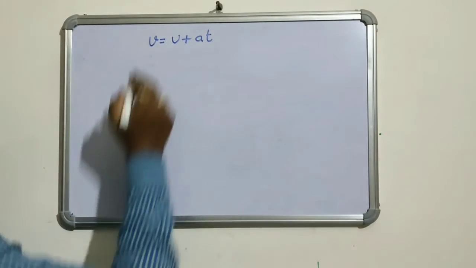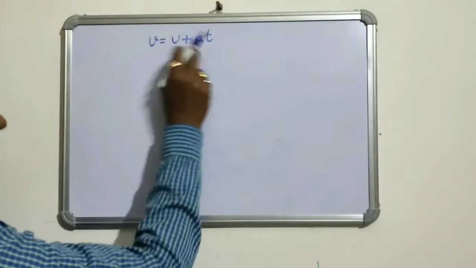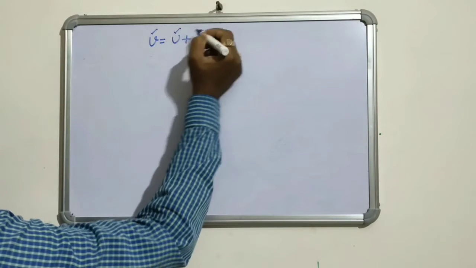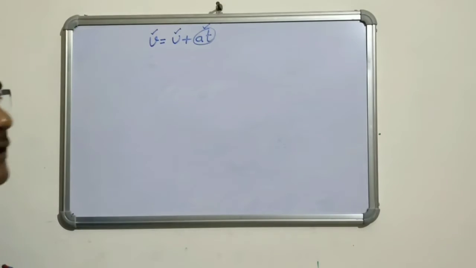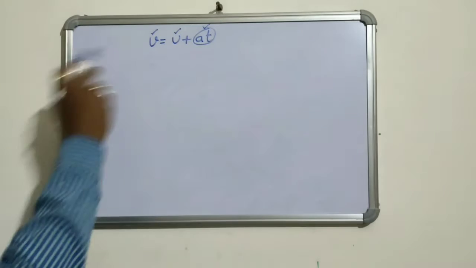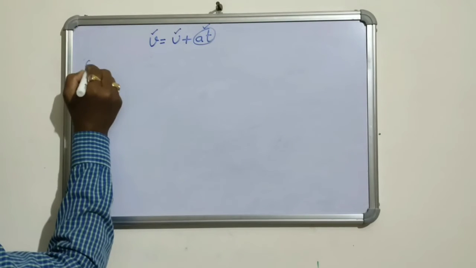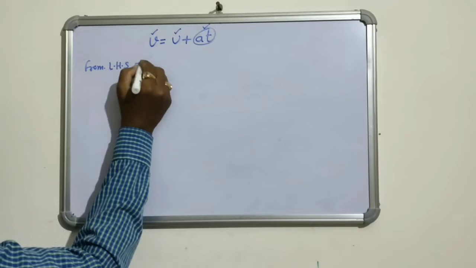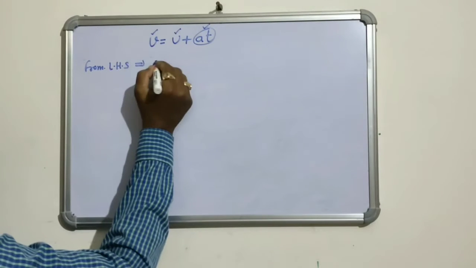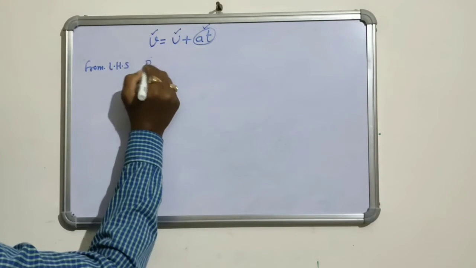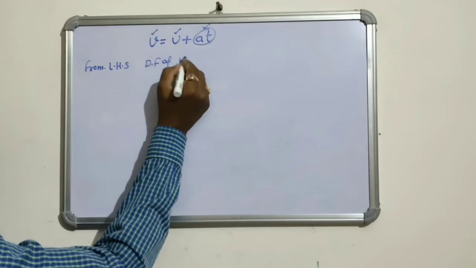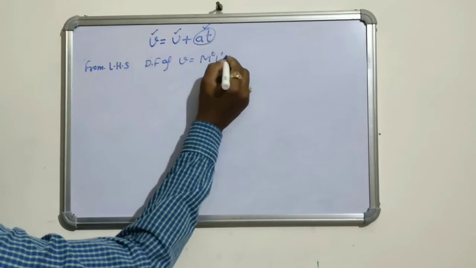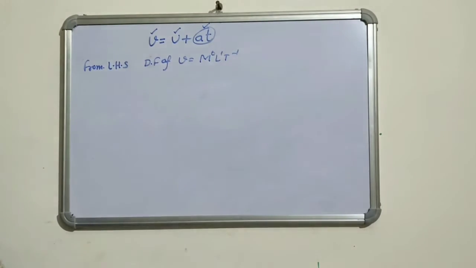If the equation is right, then the dimensional formula of each term must be the same. From the left hand side, V is the final velocity, M0 L1 T minus 1.